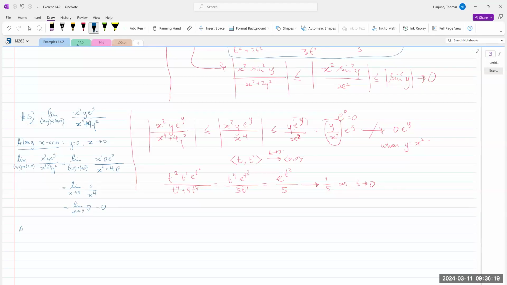However, if we go along the path t squared, and of course you need to make sure that this is actually approaching the coordinate that you want as t goes to 0.